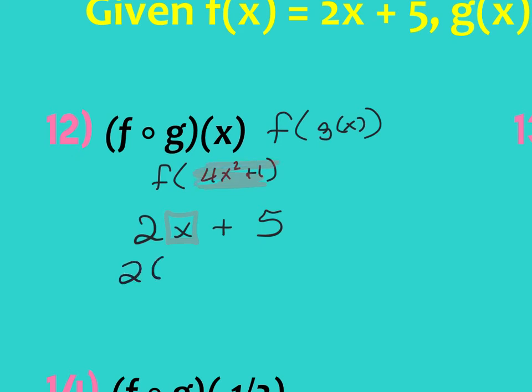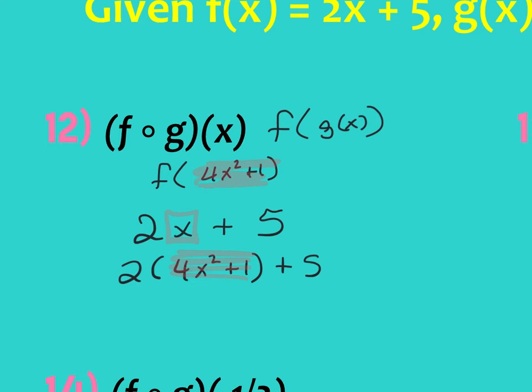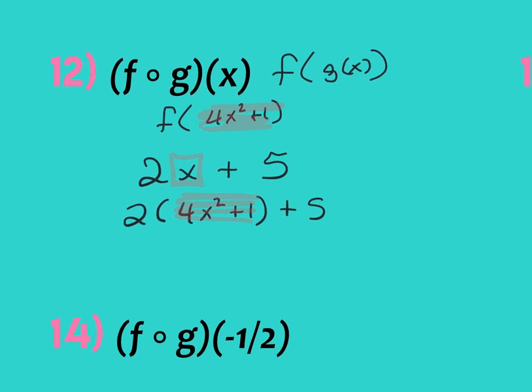So 2 times 4x squared plus 1, and then the plus 5. So all I did was take out x and put that in there. Now I'm going to distribute 8x squared plus 2 plus 5. Go back, add the 2 and 5, and you're done.